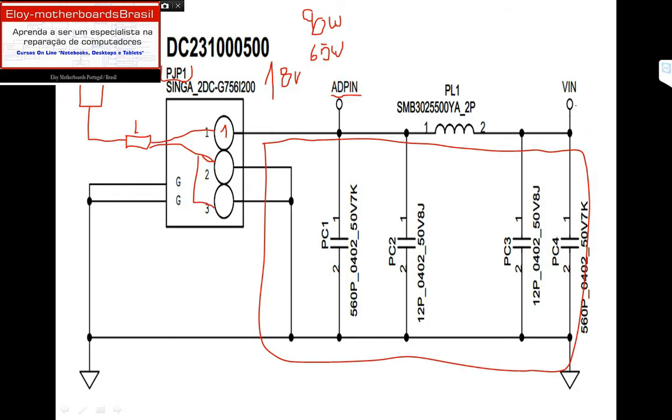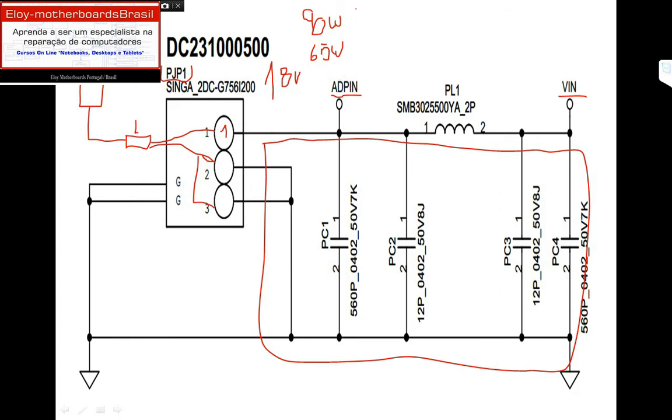This VIN right here means voltage input, and we will see this voltage in. Let's start with the direct current power input, and why it is called ADP in.